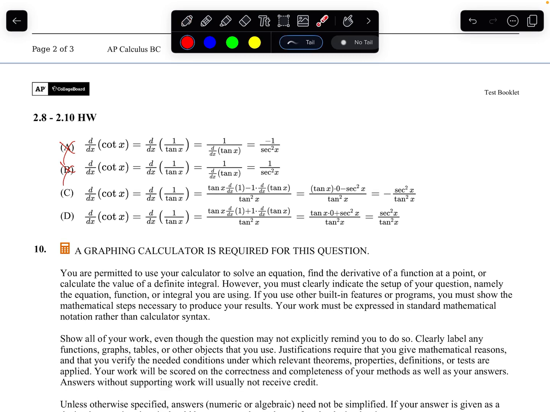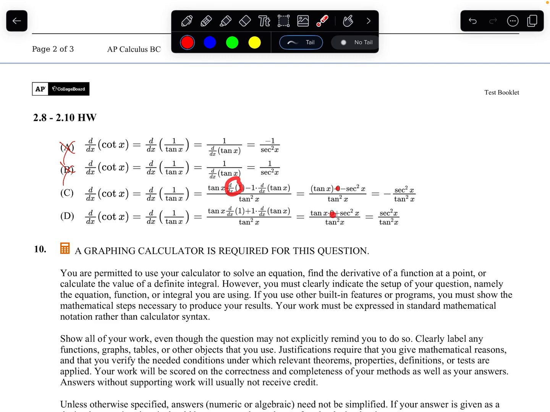So it looks like from here to here, they're using the quotient rule. So low d high minus high d low, square the bottom. Okay, that sounds good to me. So derivative of 1 is going to be 0.